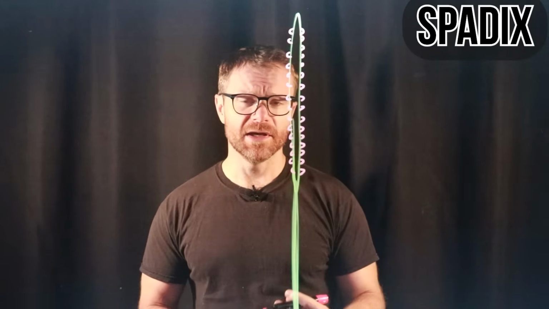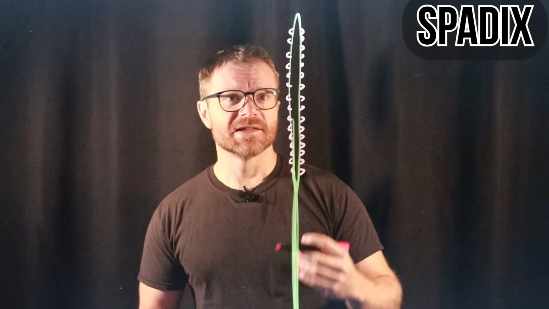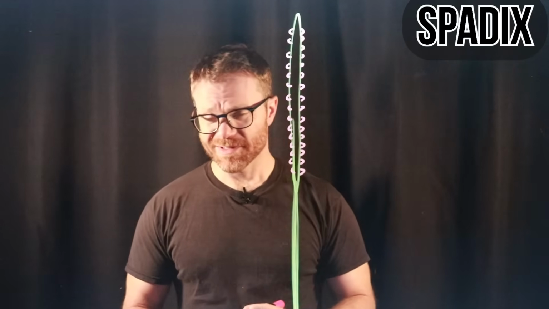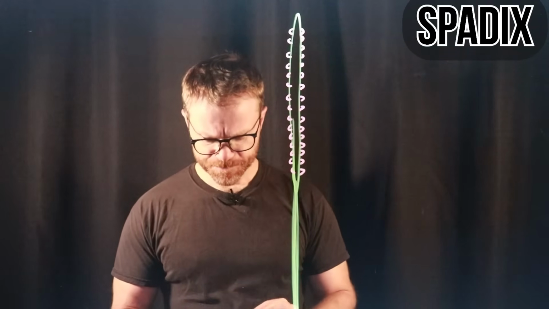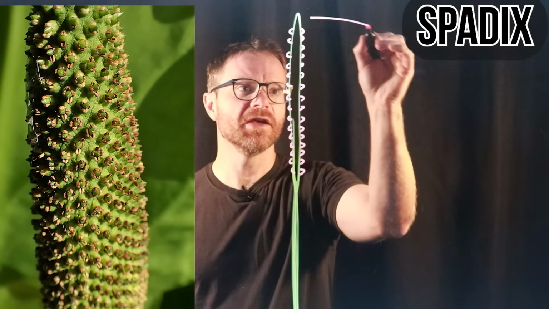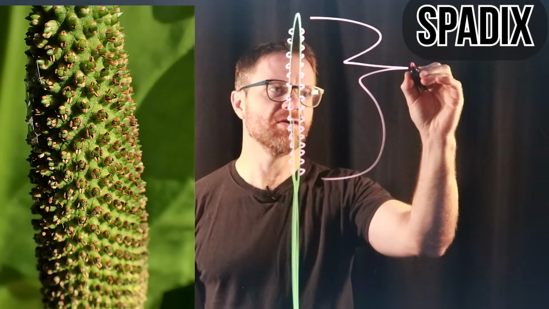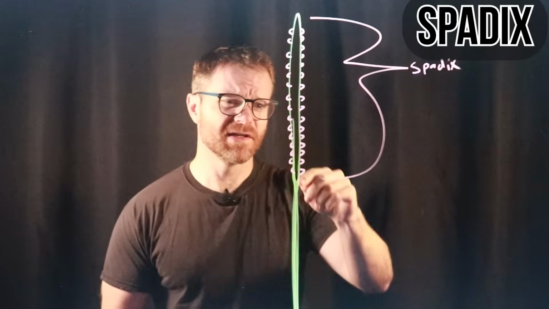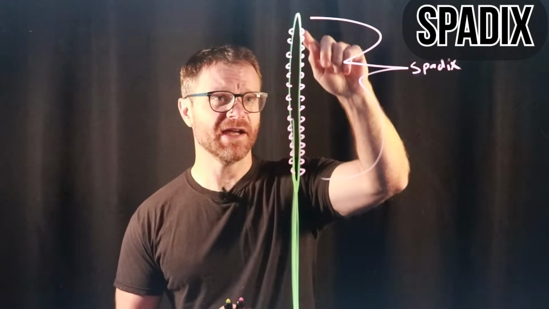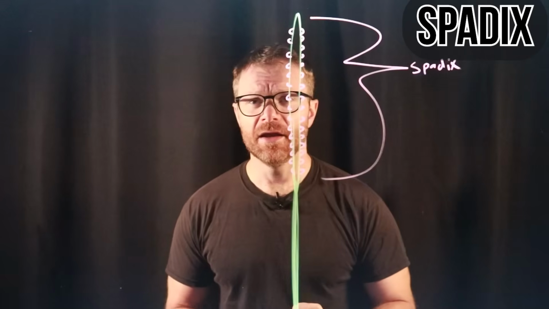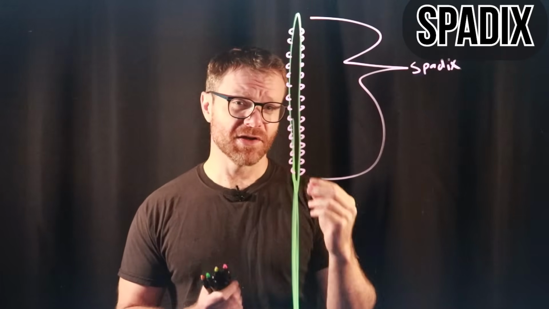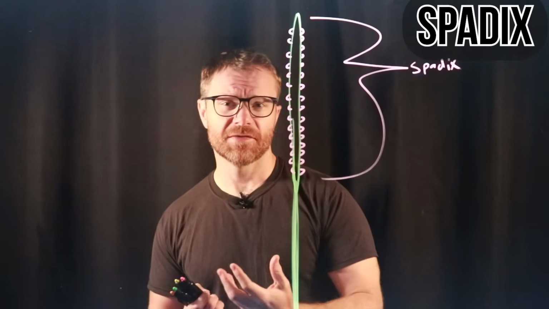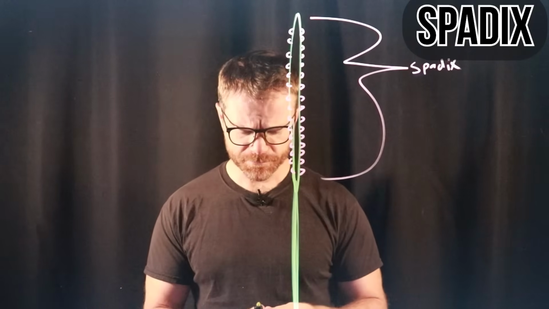But more commonly with these spadices, they have male and female flowers together on the same inflorescence. So this whole thing here collectively is called a spadix. And again, it's basically just an inflorescence containing tons of tiny little flowers that don't have petals. They just have their stamens if they're male and their carpels if they're female.